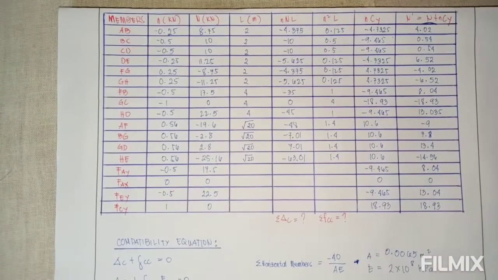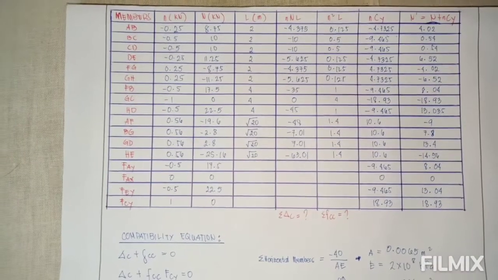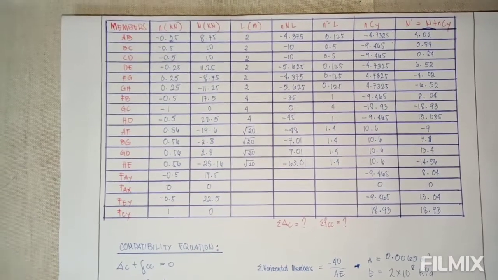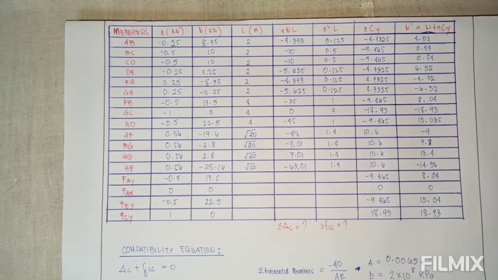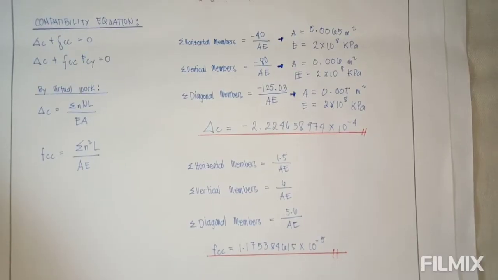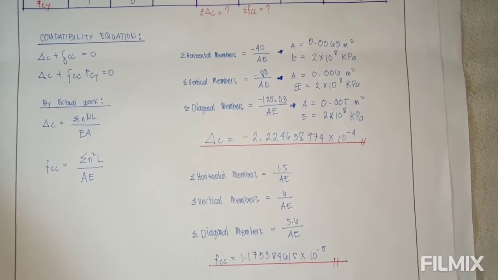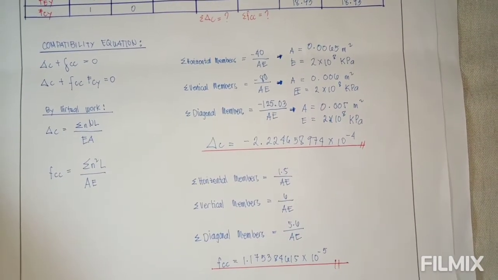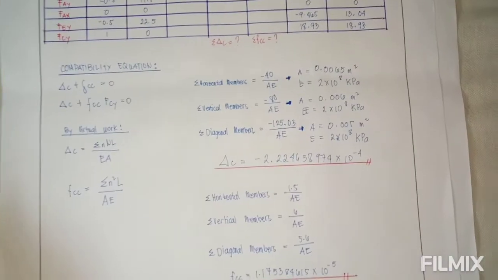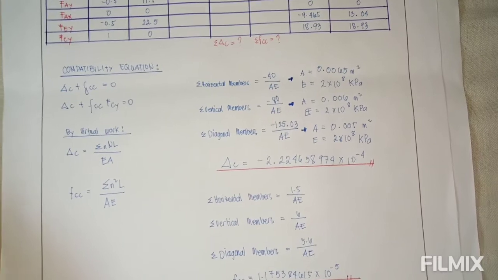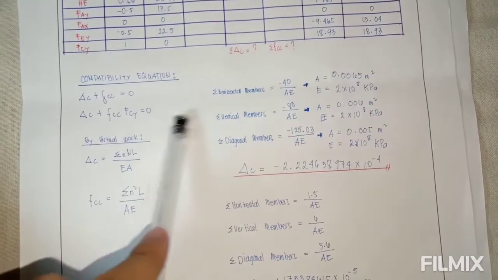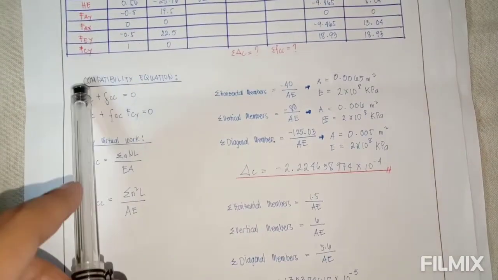We did not put AE yet because the horizontal, vertical, and diagonal members have different values of cross-sectional area. In the principle of the force method, displacement Cc has an equivalent value of 4cc times Fcy.